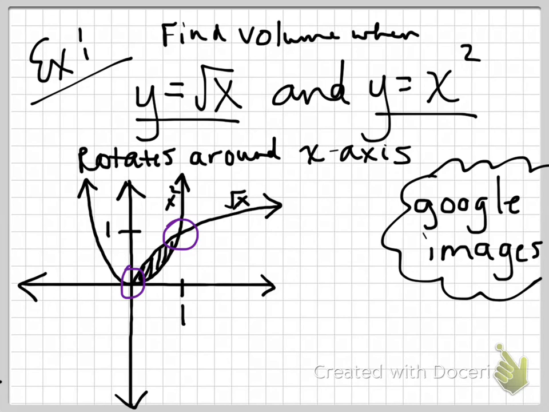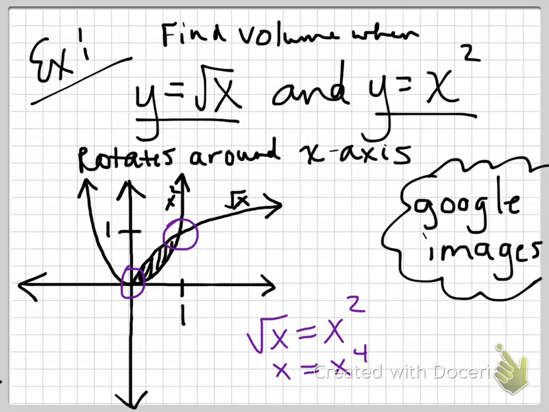We can either graph it on our calculator and find the intersection, or you can set the square root of x equal to x squared and figure out where they intersect by squaring both sides. If we square both sides, we have x equals x to the fourth.